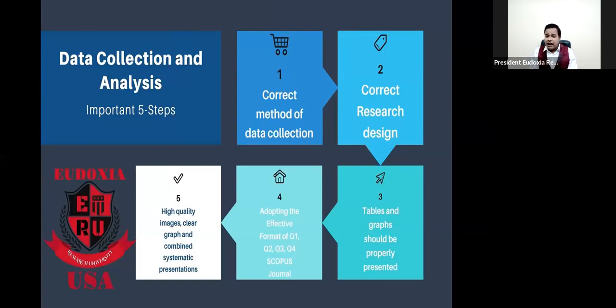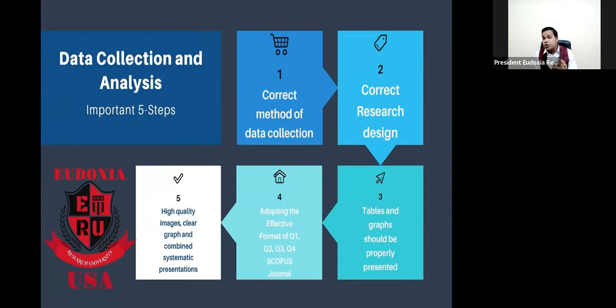Then finally, high quality images and clear graphs are also very important. And sometimes you can combine. You can see this slide: a number of points are here in one slide. It's not required that I show 5 slides again; in the one slide, I'm showing you everything.